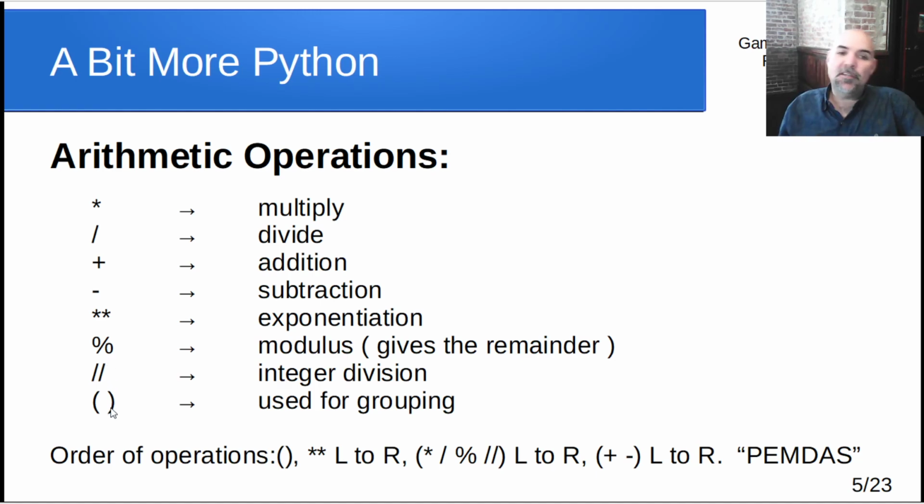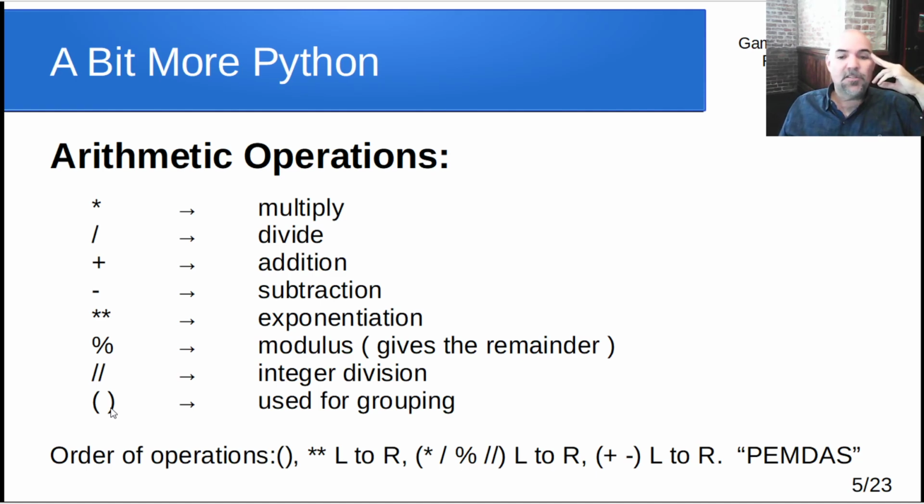And then parentheses are considered their own arithmetic operation, and we can use those for grouping to force the order of operations the way that we want them, rather than the way that it is naturally. Now, the Python interpreter is smart enough to perform order of operations correctly, meaning that it will follow the normal algebraic or arithmetic order of operations that you're used to from math class or algebra class.